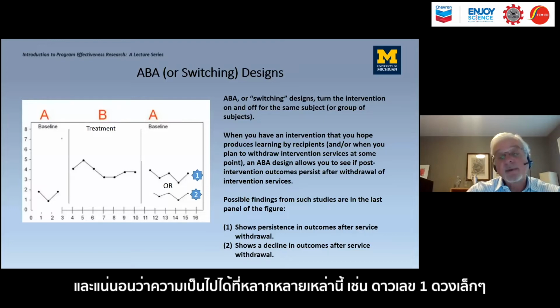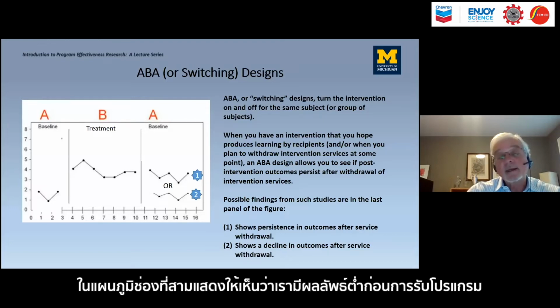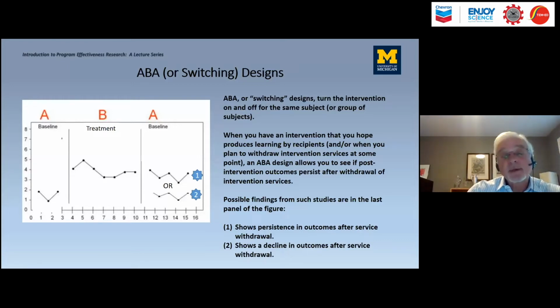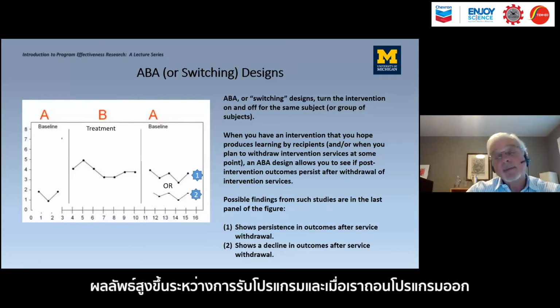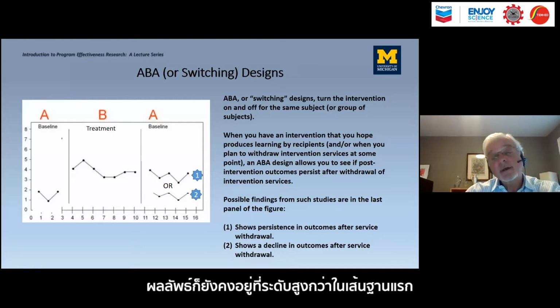So for example, that little star 1 in the third panel of the figure shows that we have low outcomes prior to treatment. The outcomes go up during treatment. And once we withdraw treatment, the outcomes persist at a higher level than they did in the first baseline.